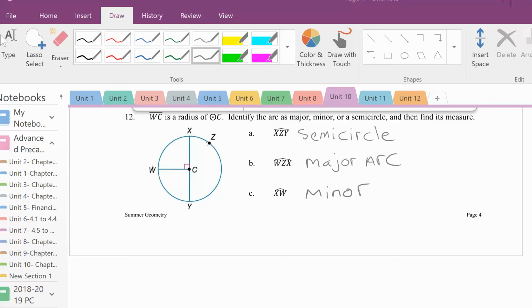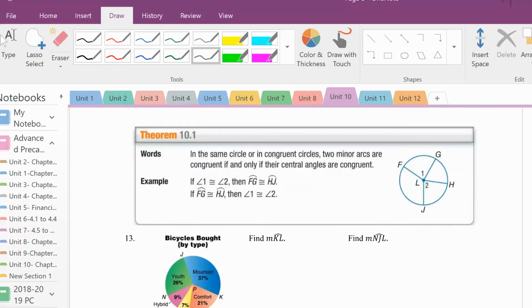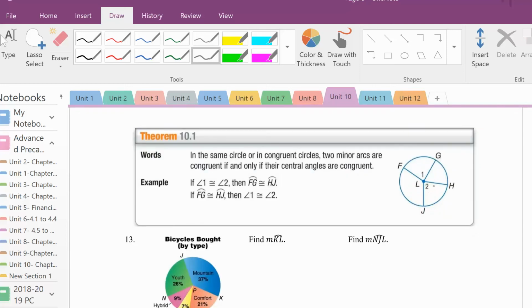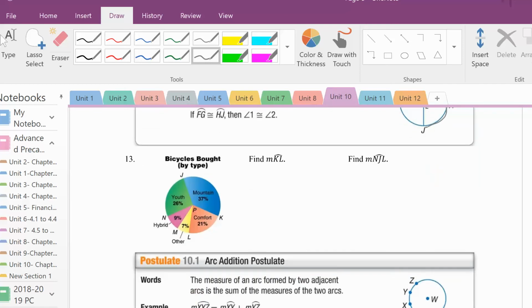All right, so next, in the same circle, or in congruent circles, 2 minor arcs are congruent if and only if their central angles are congruent. So if angle 1 and angle 2 are congruent, then these 2 arcs are congruent as well. So it says bicycles bought by type, and it gives you percentages. And it says find the measure of arc KL.